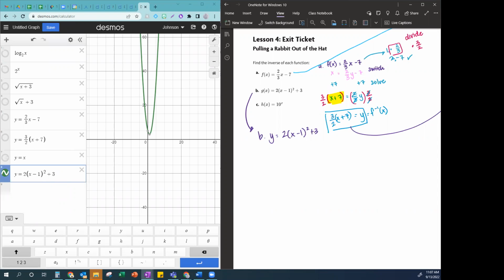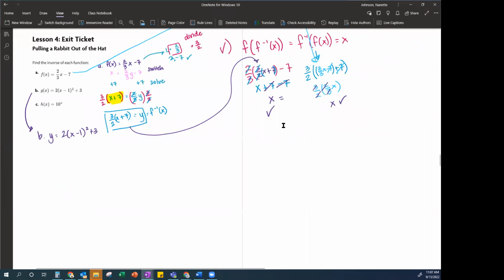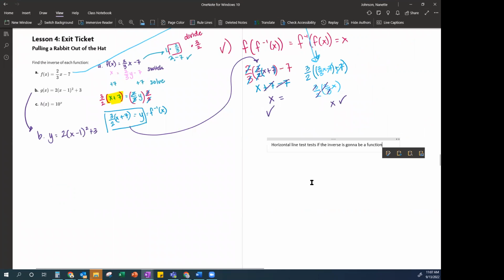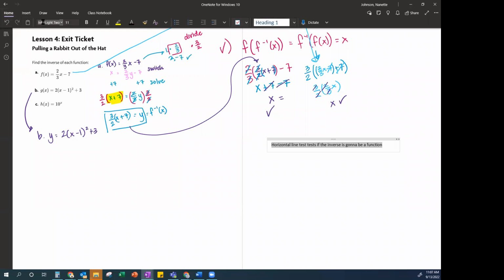Hold on. Horizontal line test. You're fine. Okay, so let's put that here somewhere. I'll put my big crazy notes over here so that whenever you're looking for them, it's always going to be in that area. And then I'll highlight it.